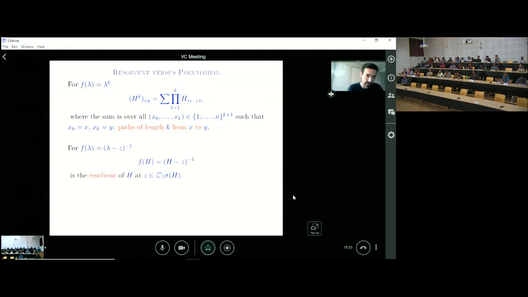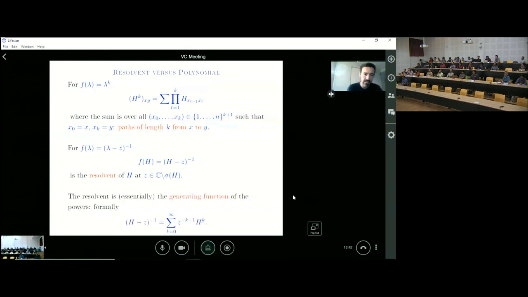The other canonical choice is to take f of lambda equal to (lambda minus z) to the minus 1, because then f of H is nothing else than the resolvent of your matrix, evaluated at z. The two are closely related.